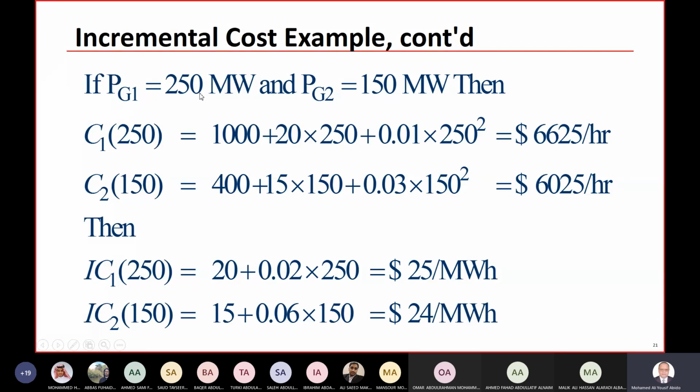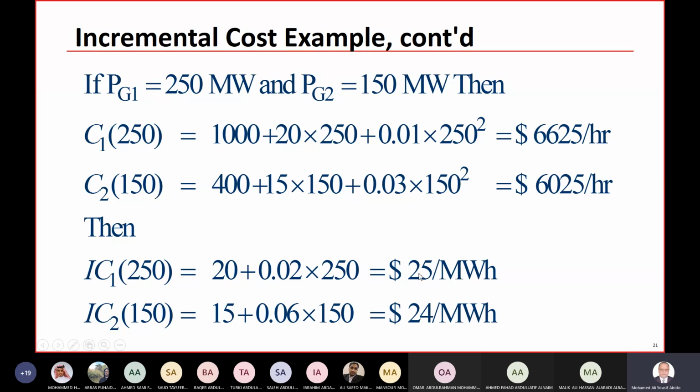So if PG1 equals 250, you supply 250 here, and the cost of generation is $6,625 per hour. And the incremental cost in this case, you substitute 250, you will get $25 per megawatt hour.